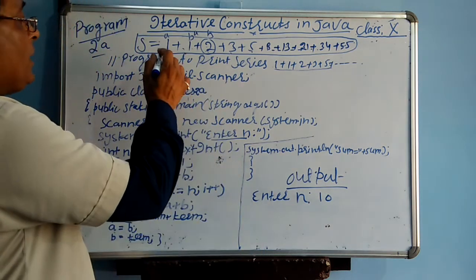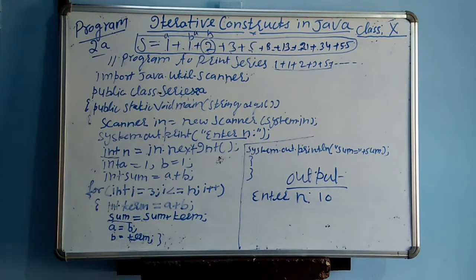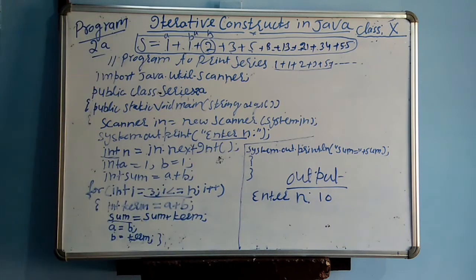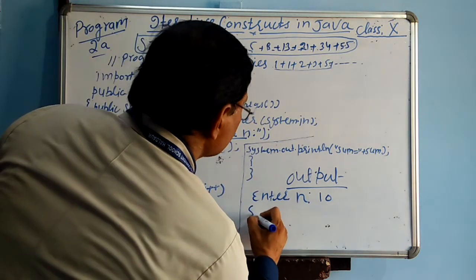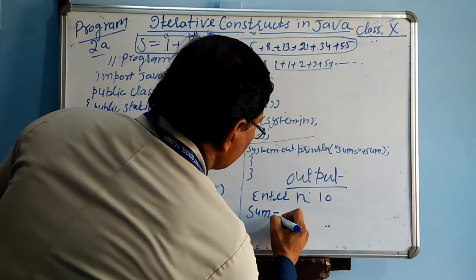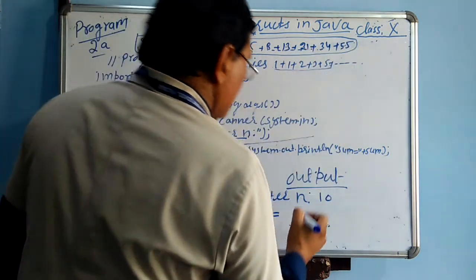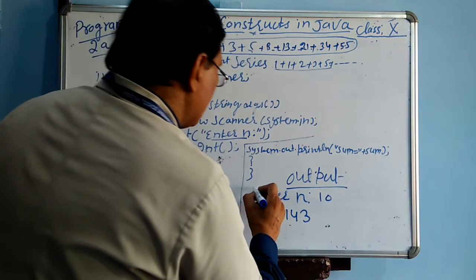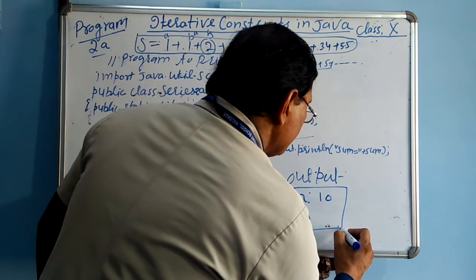So it will make the series like this. The program will continue by this loop. And then after that it will print sum is equal to the sum of this series, which is 143. That will be the output of this program.